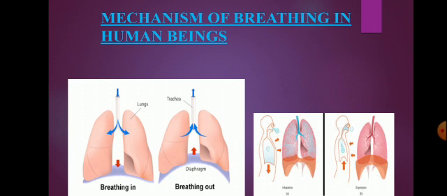The muscles between the ribs contract, causing the rib cage to move upward and outward, and the diaphragm contracts and moves downwards. Both movements increase the space of the chest cavity and make it larger.